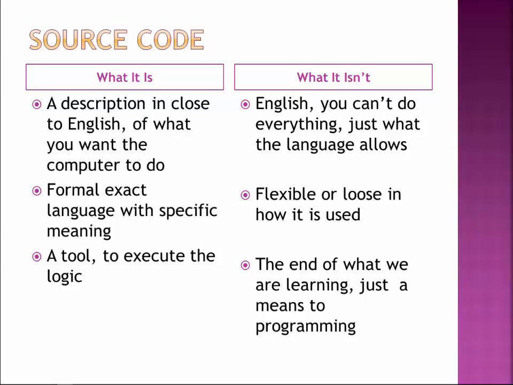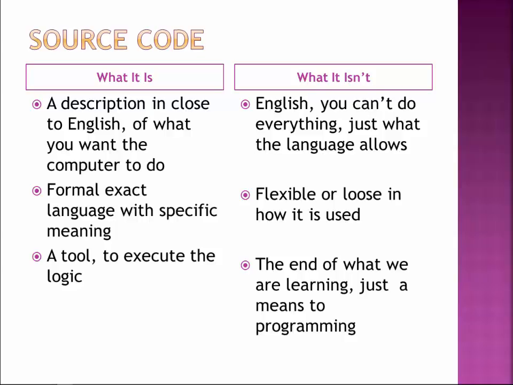So our source code is basically our way of communicating with the computer to tell it what we want to do. It's kind of sort of English-ish, but it has exactly perfect meaning to it. If I say to you, kind of go over there, you can interpret based off of hand gestures and other stuff what over there means.